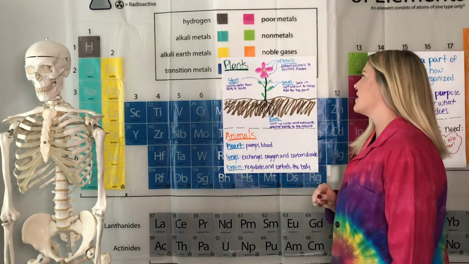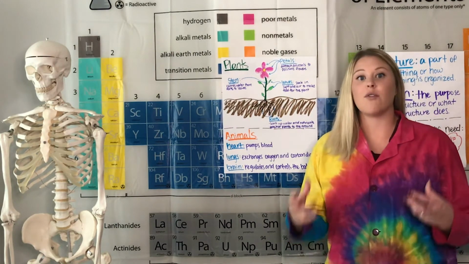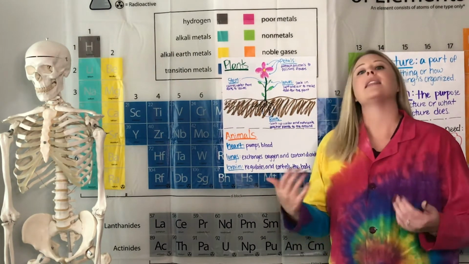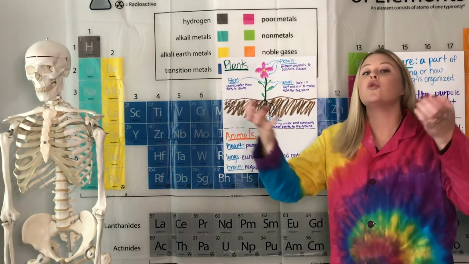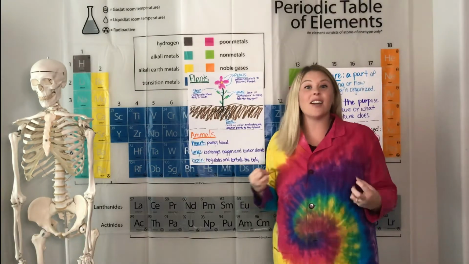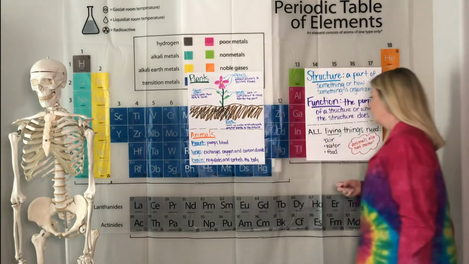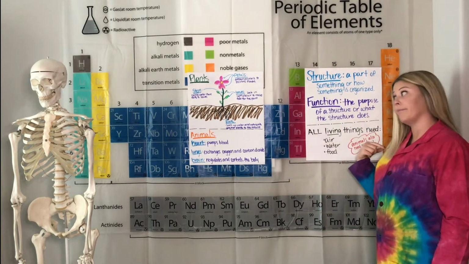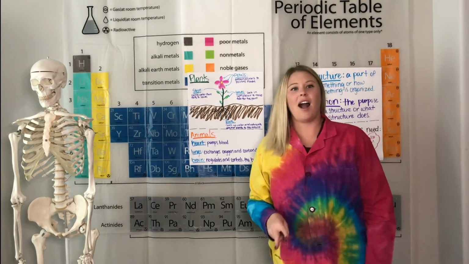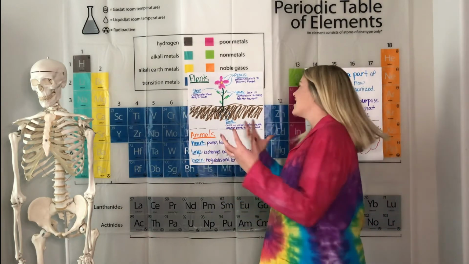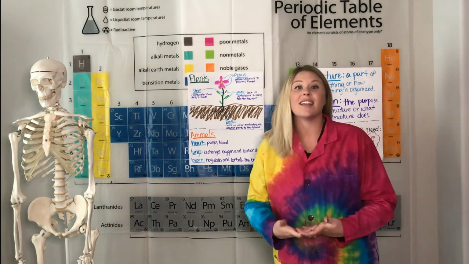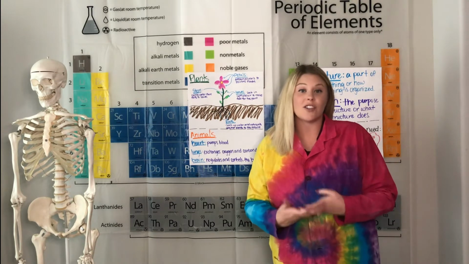Now let's pop over to these leaves. All plants' leaves have a really important job. Leaves' jobs are to absorb or bring in that carbon dioxide from the air that plants need. Now the second thing that leaves bring in is sunlight. Plants need sunlight to survive. It's a form of energy for them.